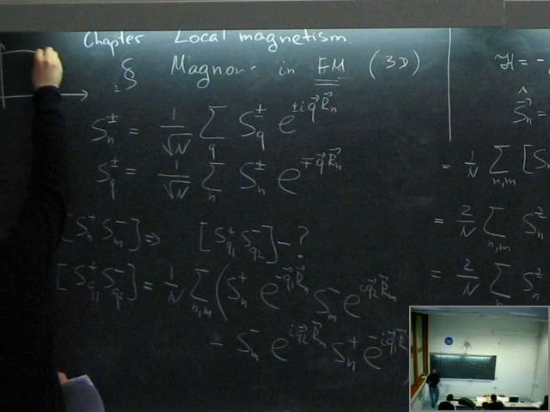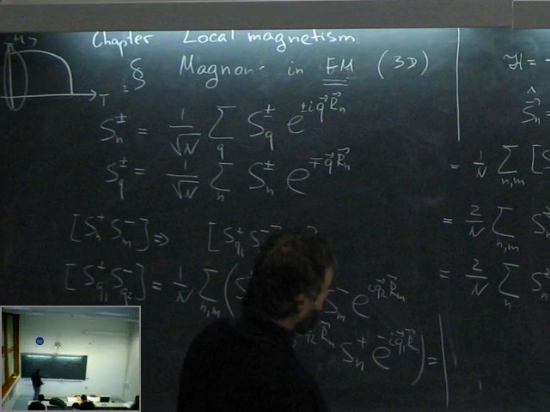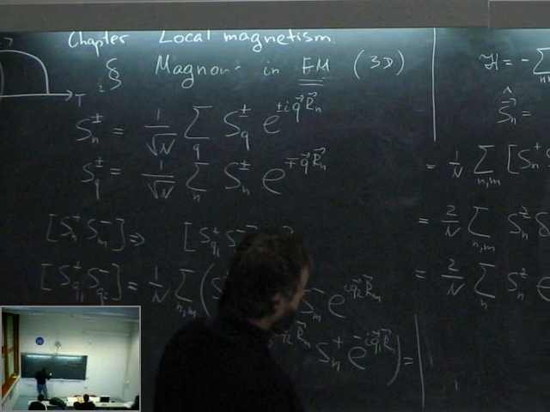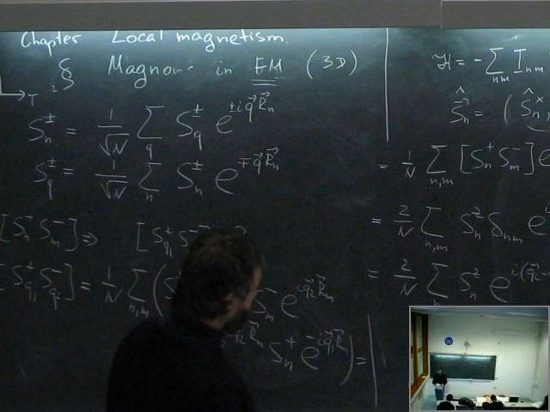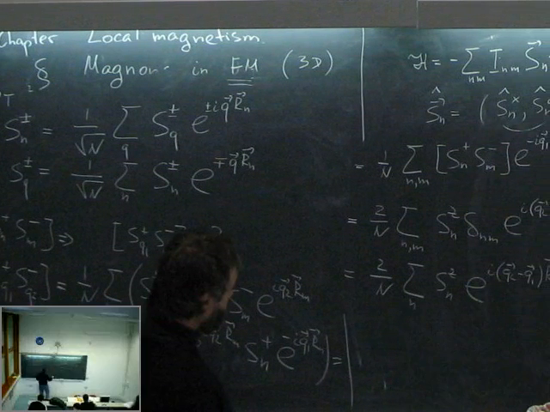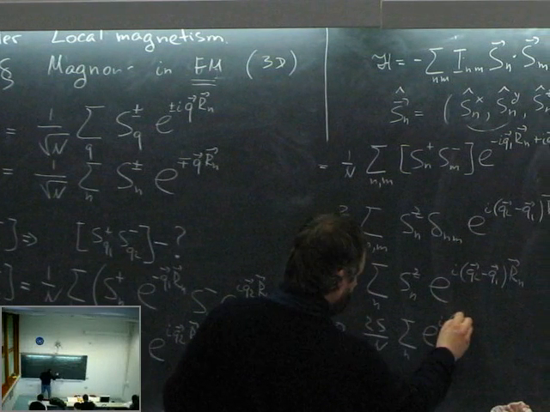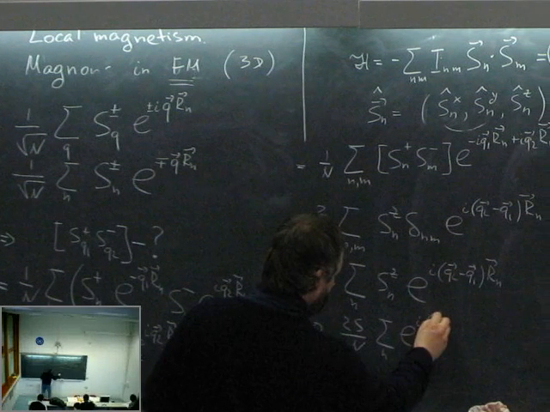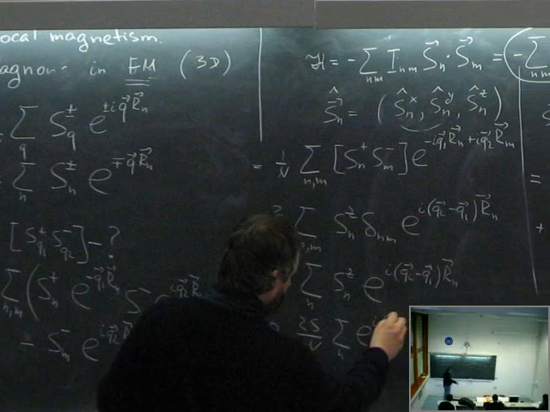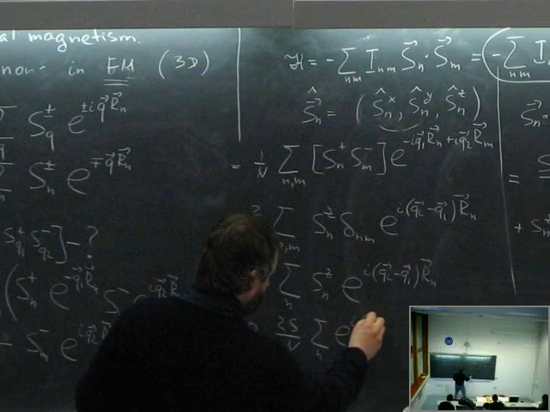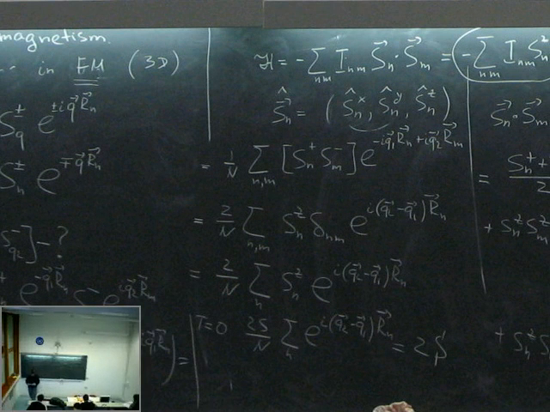So almost all spins are very close to z, close to S. So at zero temperature, I can replace all S^z by its value S. So I will write 2S over N, sum over n, e to the power i (q2 minus q1) r_n. And you know that this sum gives me N, which cancels. So this is nothing but 2 times S. And this is exact.